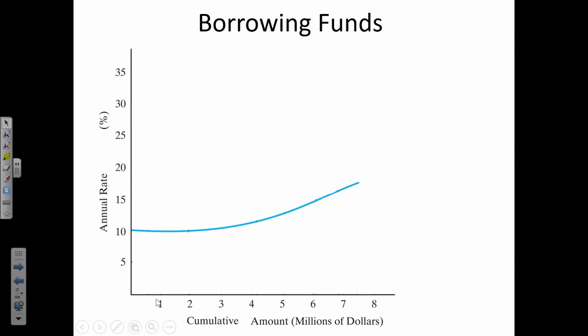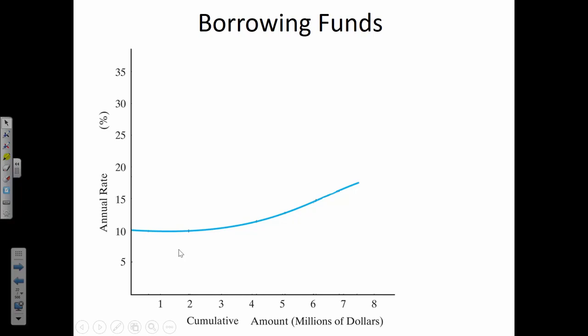If some hypothetical company is borrowing $1 million, it looks like they have to pay 10% interest for that first $1 million that they borrow. That same company borrows $2 million, the interest rate that they pay is virtually unaffected. But for the third $1 million, you can see now this curve is starting to go up.